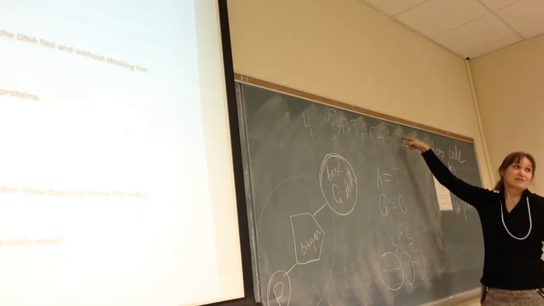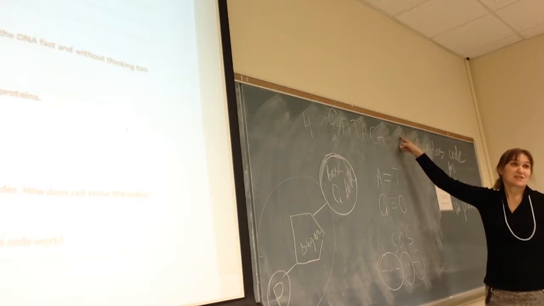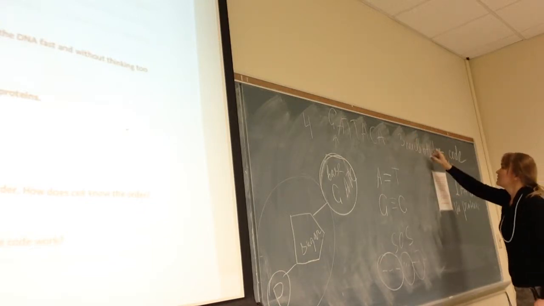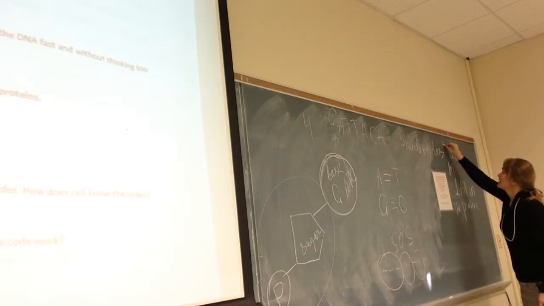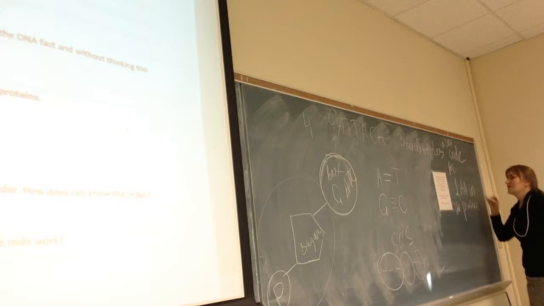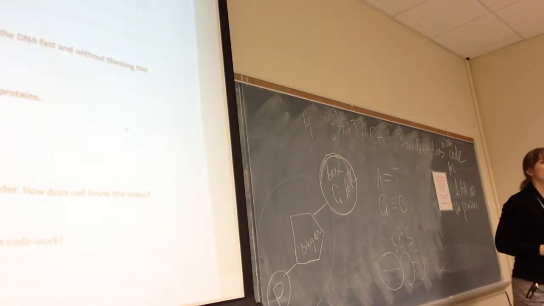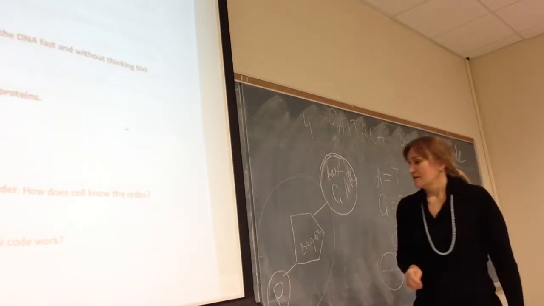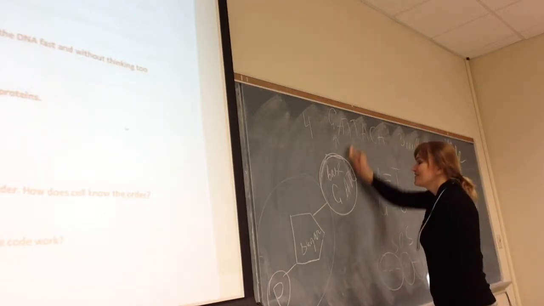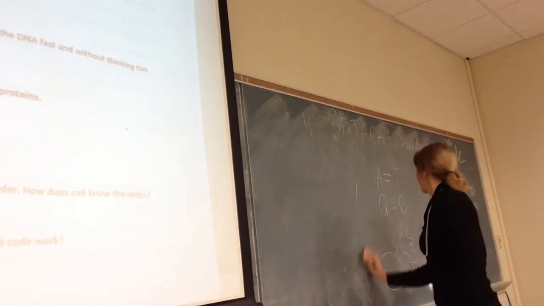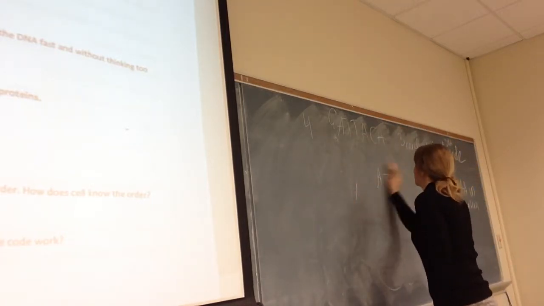This is absolutely the coolest thing about molecular genetics that makes everything very simple. 3 nucleotides in DNA code for 1 amino acid in the protein, and that's why we call it triplet code. So, see, what happens here?